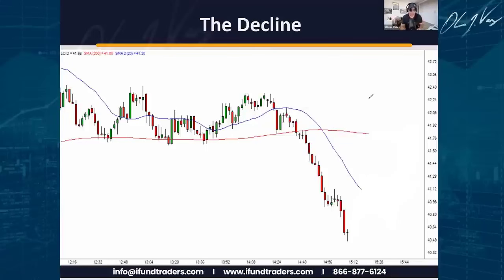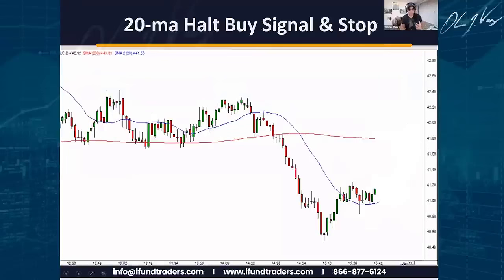So the first thing is the decline, okay? Now, that same decline, the next thing we need is a move up through the 20-period moving average. So remember, the first thing we need is the decline, elongated decline, preferably with space, preferably with dual space, okay?